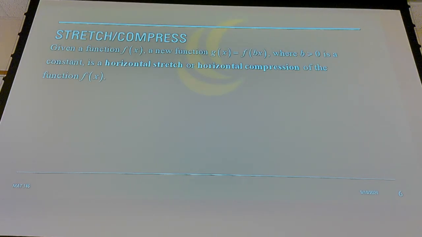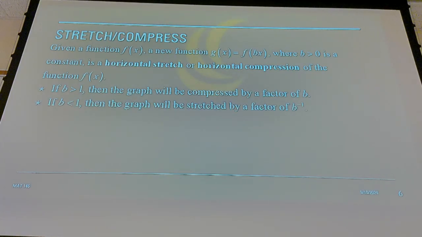If you're doing f of negative something x, then it's a reflection first, and then worry about the stretch and compress. If b is greater than 1, the graph is compressed by a factor of b. If b is less than 1, it is stretched by a factor of 1 over b.